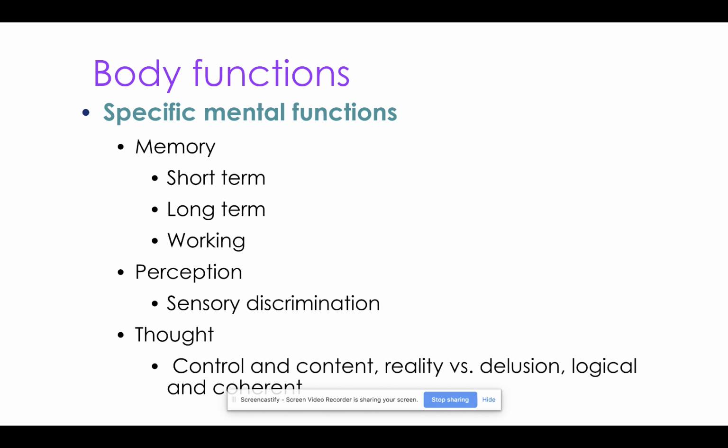The next part would be long-term memory. So now this is where information is stored, and it can be stored for shorter periods of time or longer periods of time. But it's easily retrievable, and it remains indefinitely. Now, of course, if somebody develops some kind of brain deterioration, the long-term memory can certainly be affected.